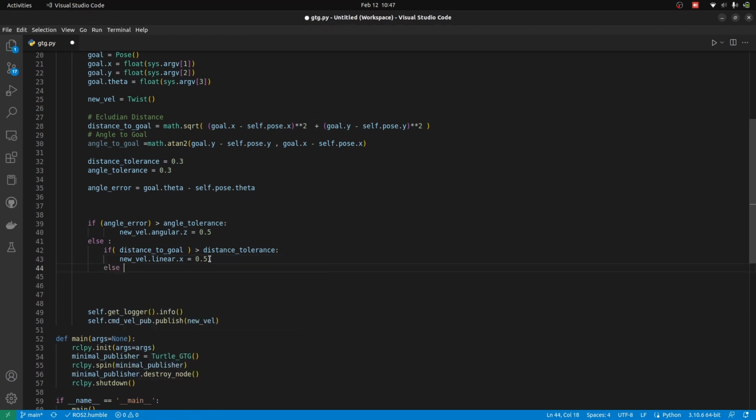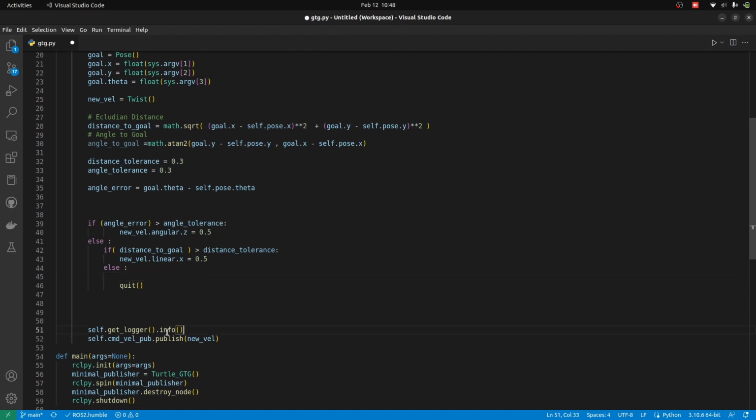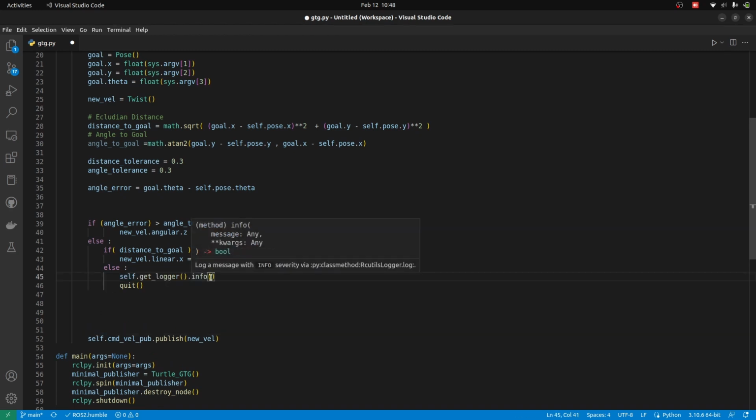And once this condition is false as well, we are going to quit the code. Before leaving the code, it would be a good practice to utilize the logger function, and here you say goal reached. And that's it. This is our go to goal. We need some improvements. There are some logical errors. Let's run the code and see the output.